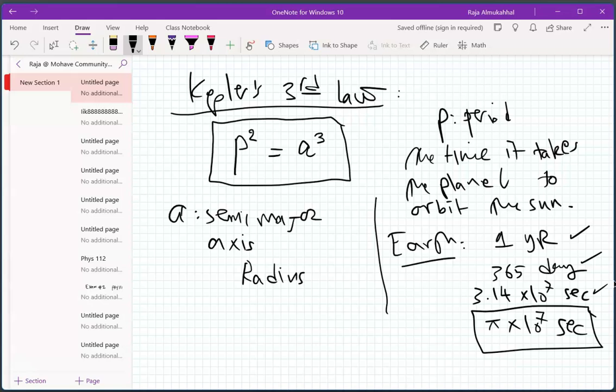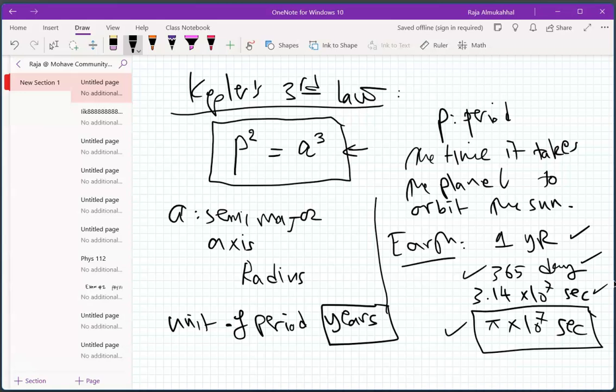Okay, so one more thing. In order for this formula to be valid, there is a condition on it. And the condition is that the unit of the period must be in years. You cannot use seconds or days or months or whatever.